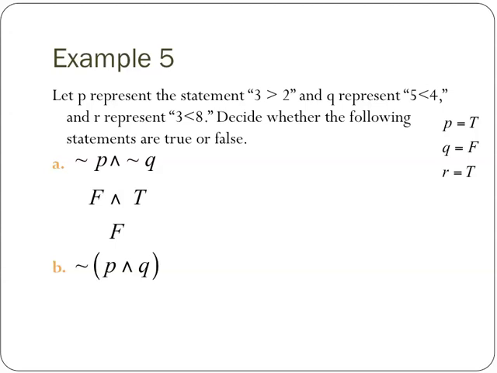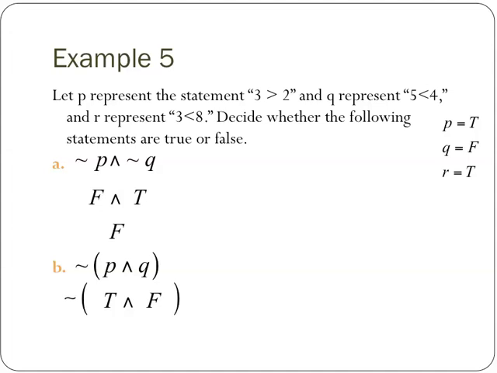Okay, let's look at B. We have not, and then in parentheses, P and Q. Let's deal with what's inside the parentheses first. P is true, Q is false, so this is true and false. Now let's evaluate this.